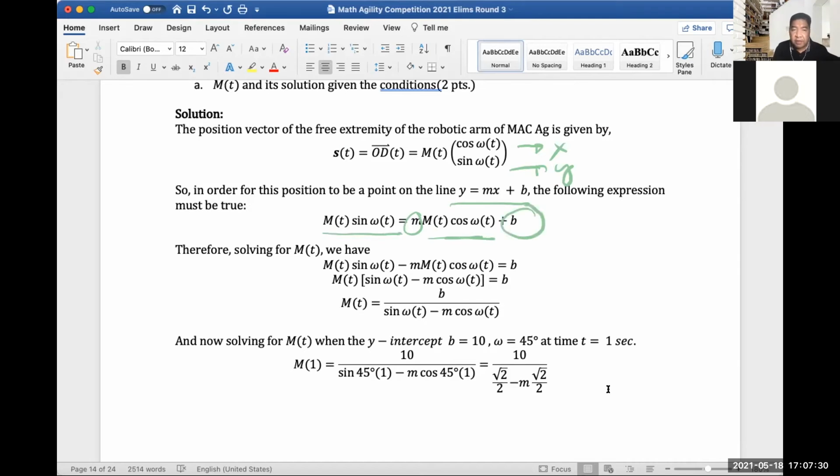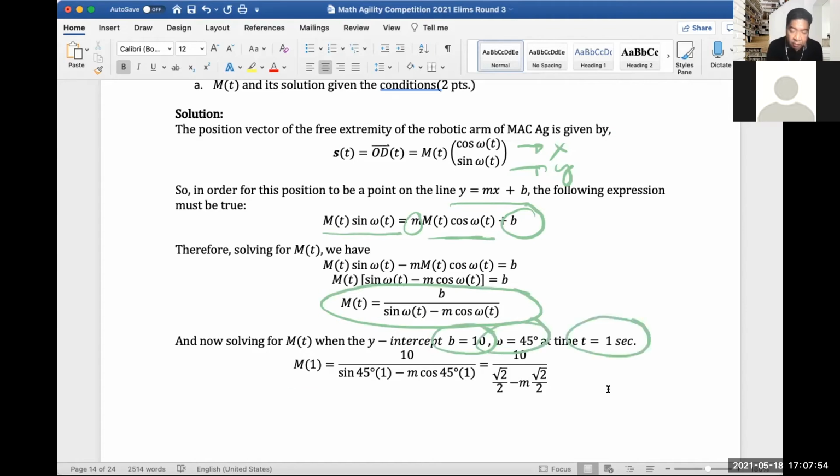So let's solve for m(t). We will get m(t) equals b over sine omega t minus m cosine omega t. So there's a given initial condition: when the y-intercept is b equals 10, omega t is 45 degrees, and time is 1 second.